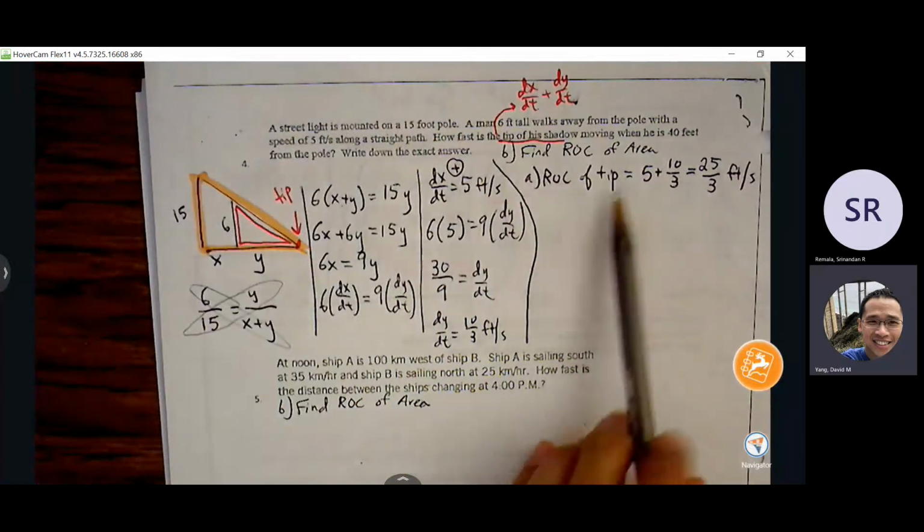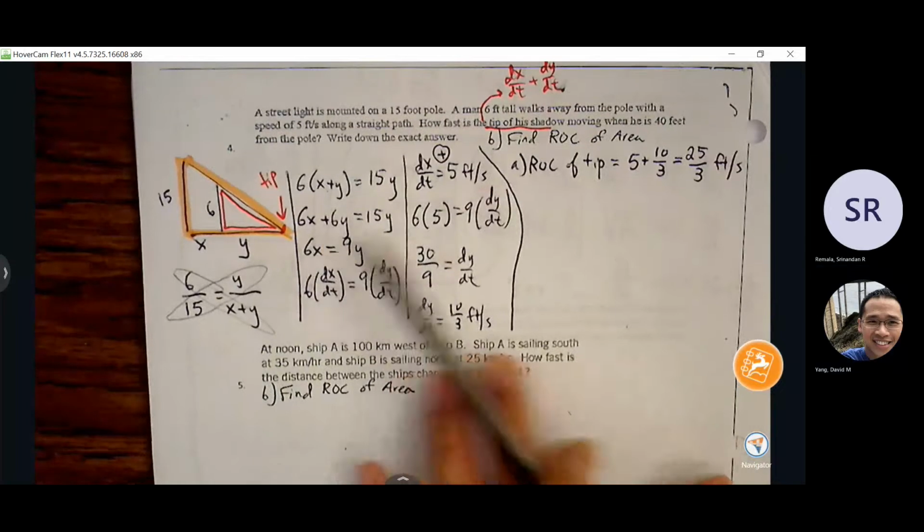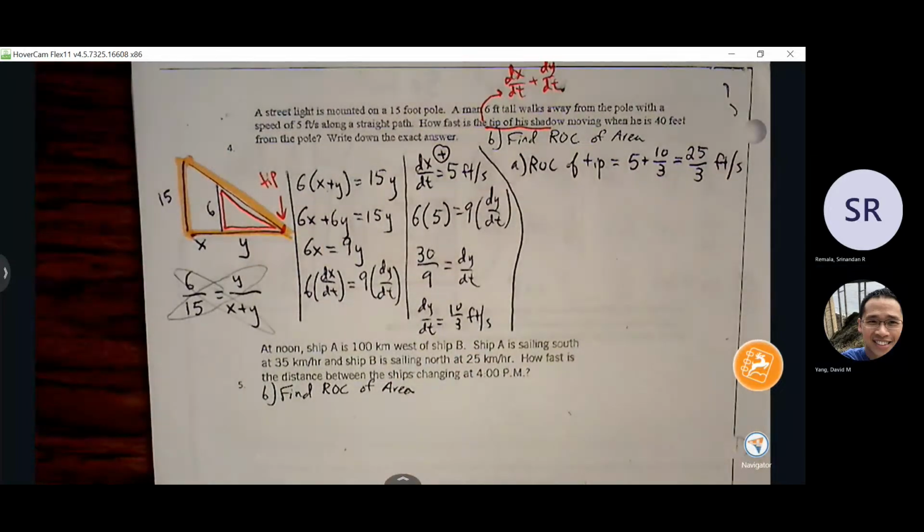Okay, 15 over 3 plus 10 over 3 is 25 over 3. Okay, that's part A there. Any questions?